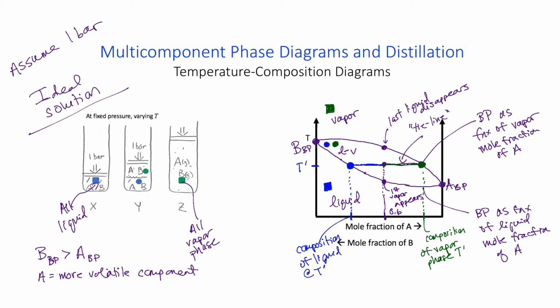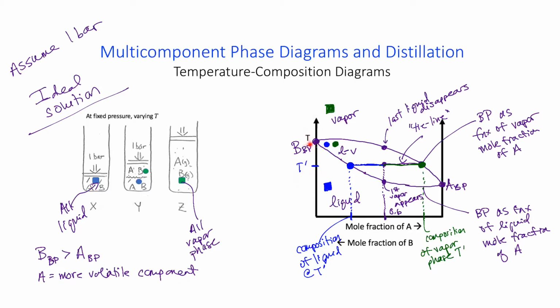And in case you haven't had enough fun with this, you could also plot what we call a pressure-composition diagram. So you get the same kind of information, except instead of plotting as a function of temperature, maybe you're interested in seeing how things change with your multi-component mixture as you change the pressure. Here we were assuming a constant pressure of 1 bar, so we can change the pressure instead.